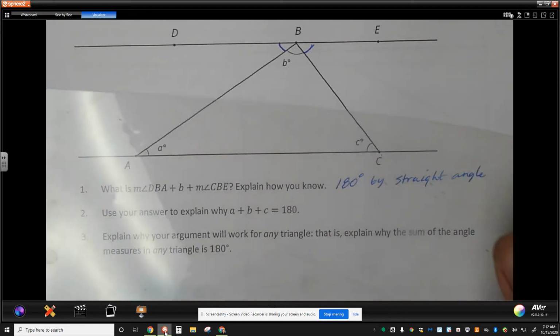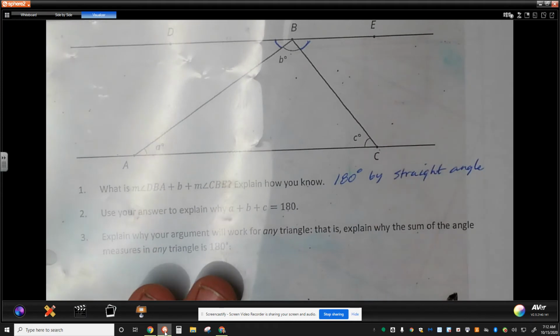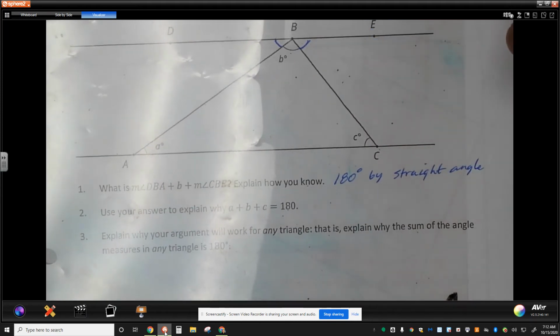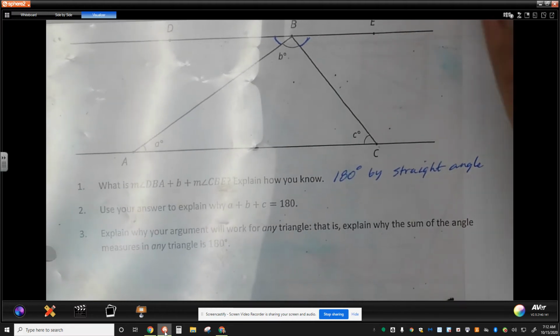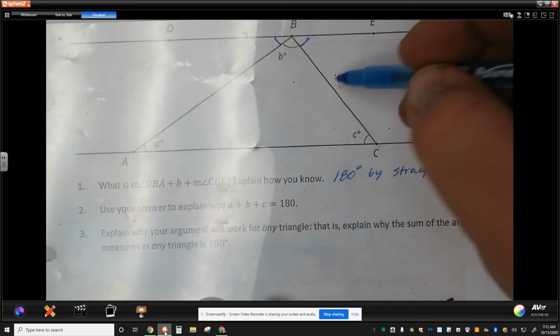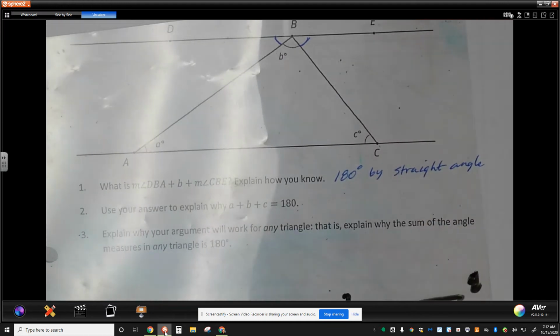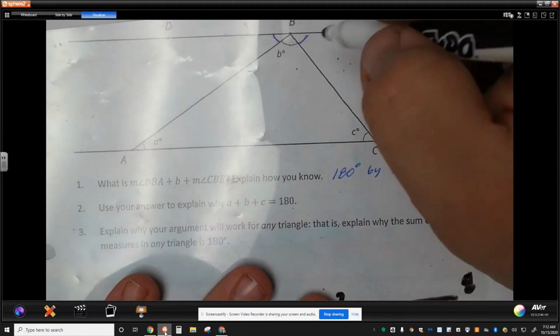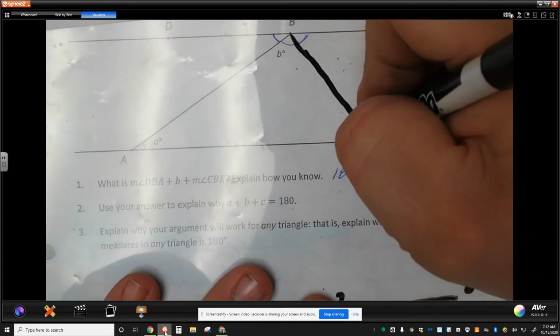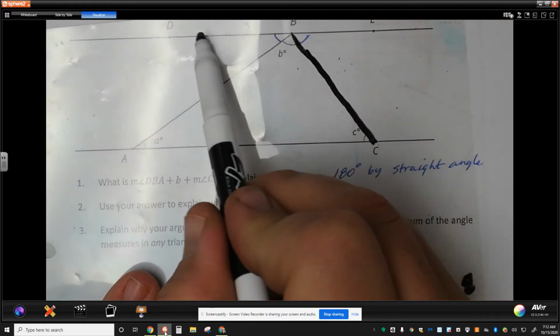When we take these angles here, we want to use the same principles that we used a couple lessons ago, alternate interior angles. We see the rotation around the midpoint will show us that angle C is equal to angle EBC.